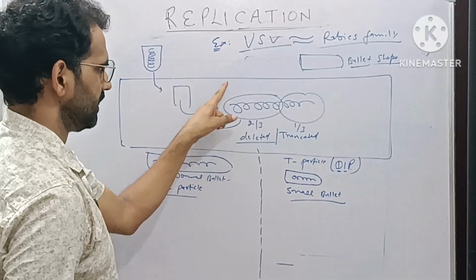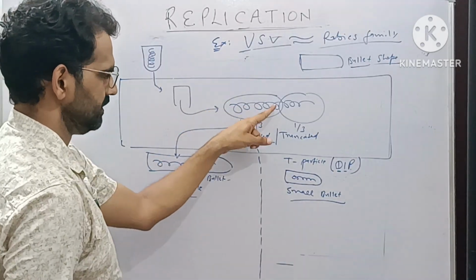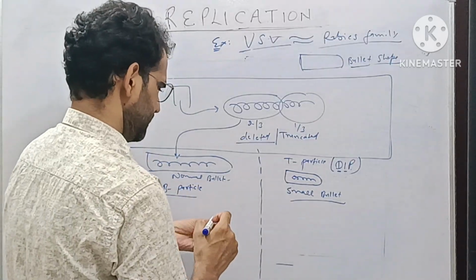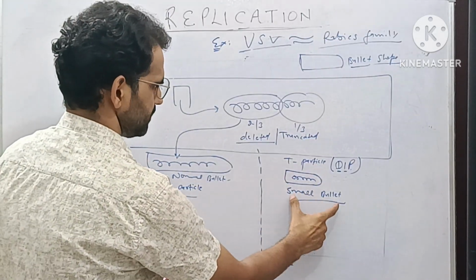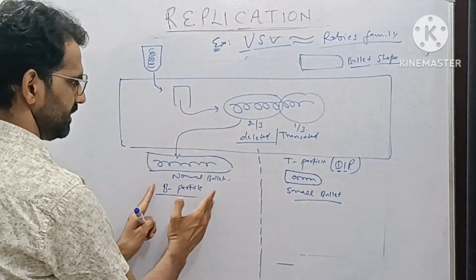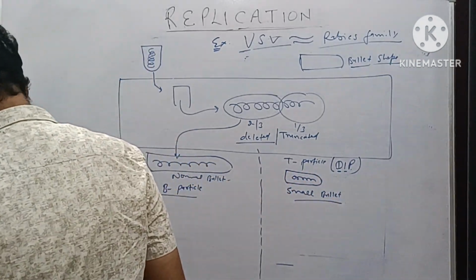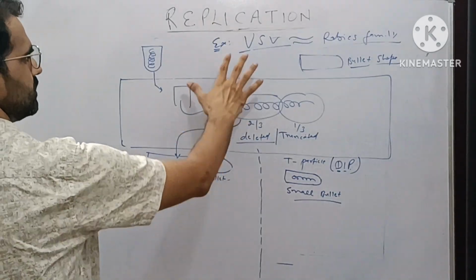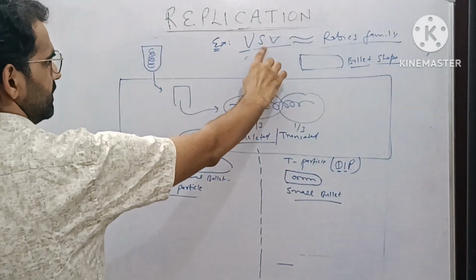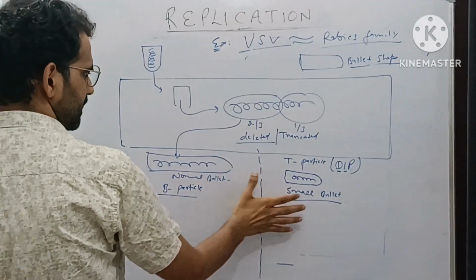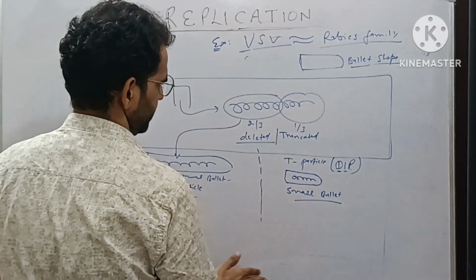They have the 2/3 part truncated, only 1/3 remaining, and because of this small size, they are small bullets. So their genome is shorter. In this way, in vesicular stomatitis virus, normal B particles and these T particles are formed.